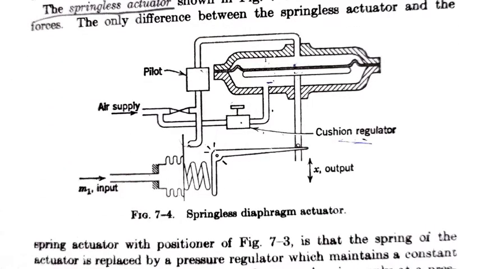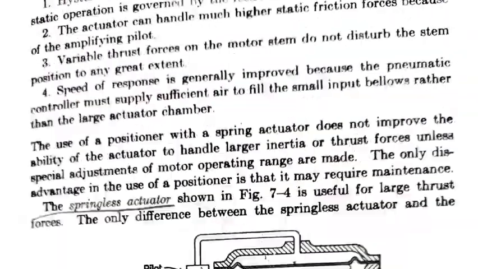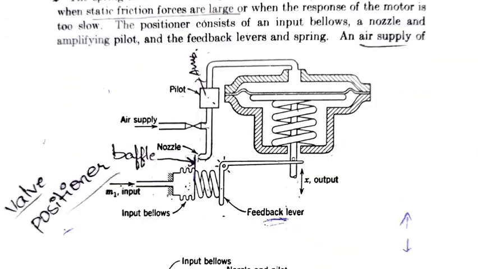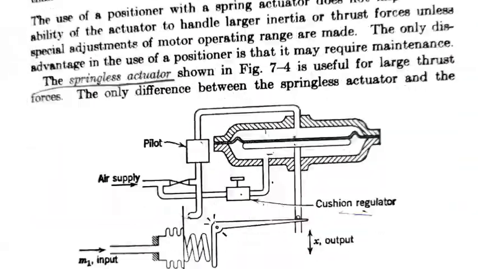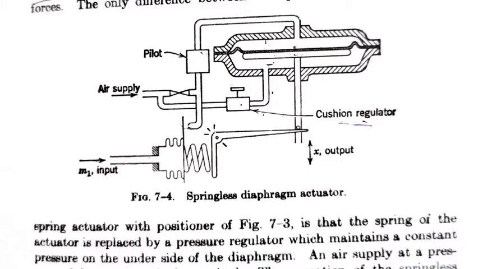Here you observe these two diagrams are the same, but we are not having a spring in the diaphragm construction. Here you observe that we are not having any spring construction.